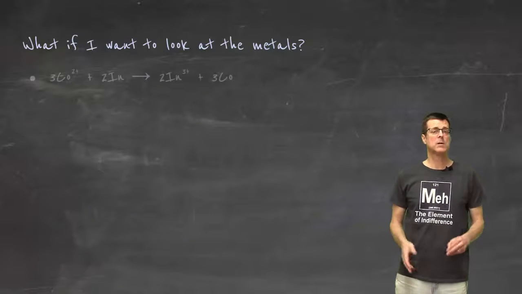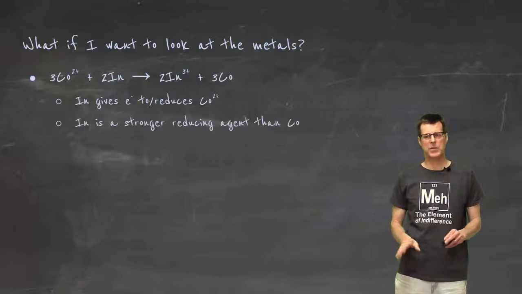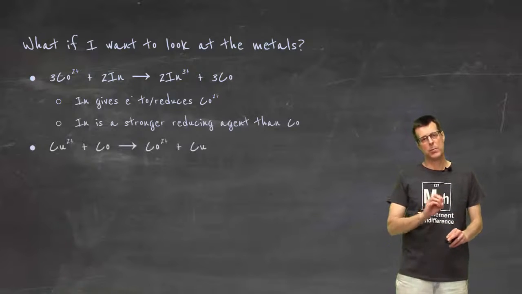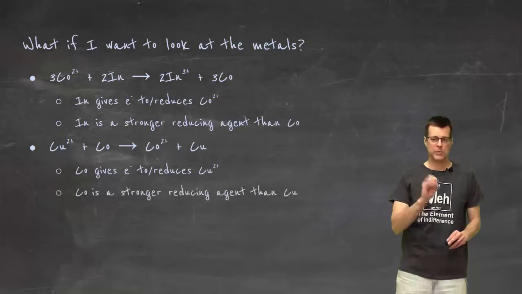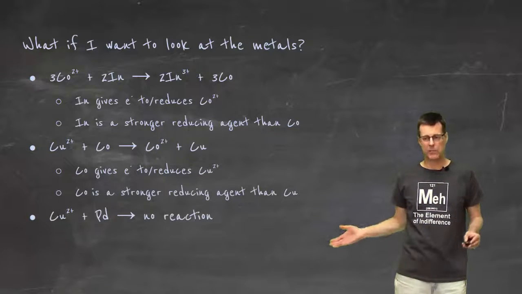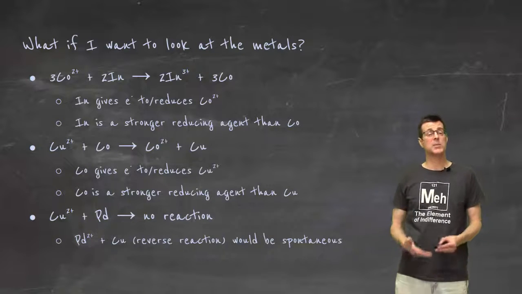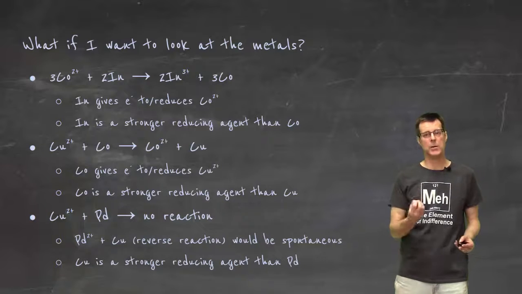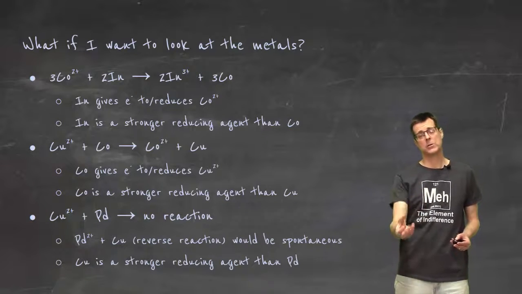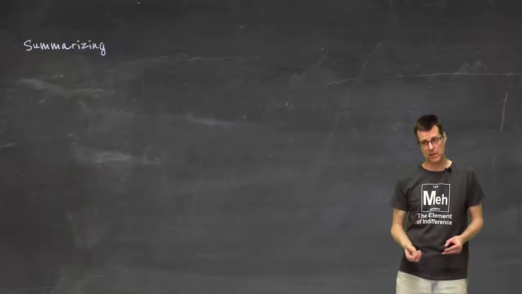If I did want to look at the metals, if you found that better, then I would do kind of the same thing. I would identify what's happening in each reaction based on the metal, and then I would focus on that. Without talking through the whole thing, exactly the same thing could be said, except now I'm focusing on the metals that are losing electrons, that are giving electrons away, the metals that are reducing the ions.